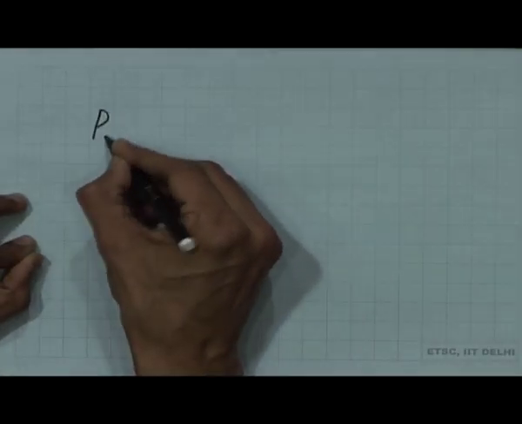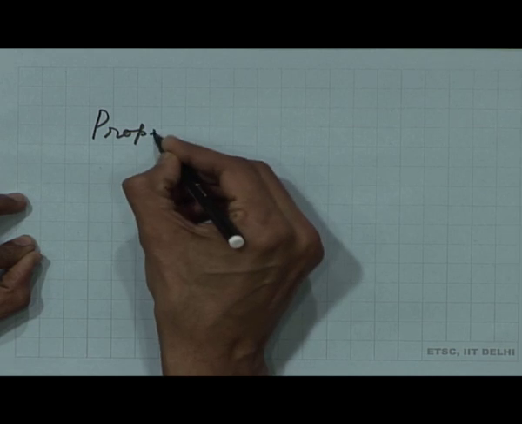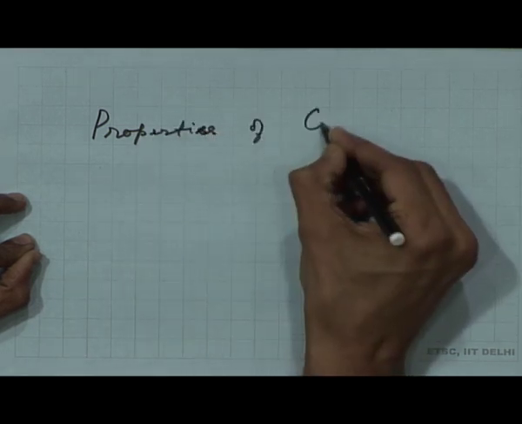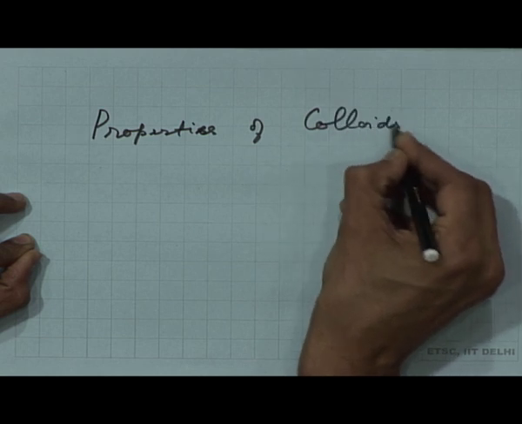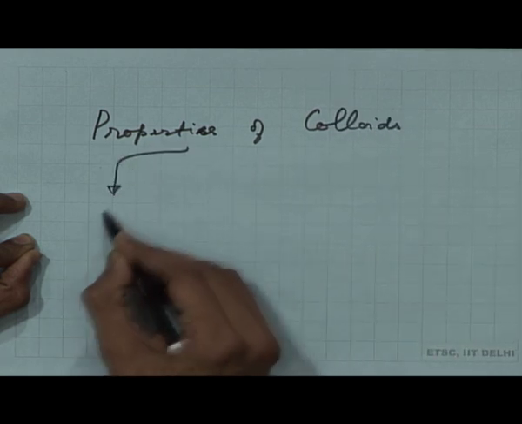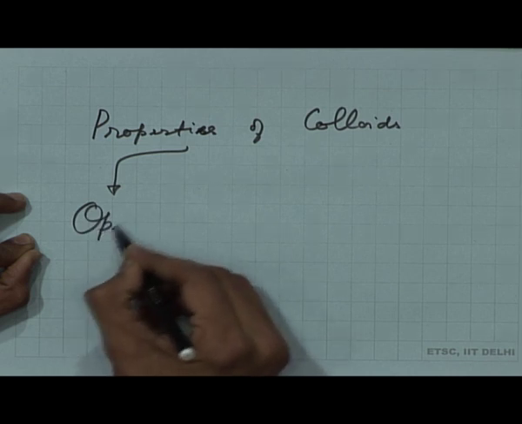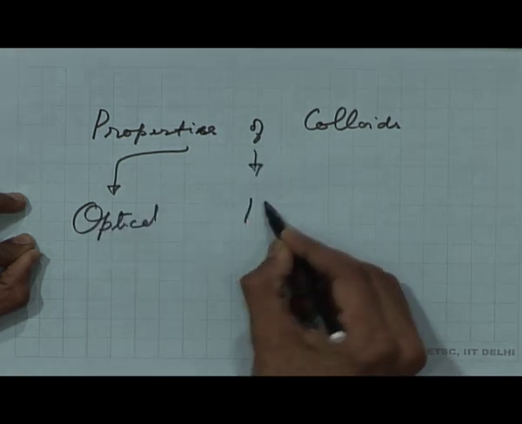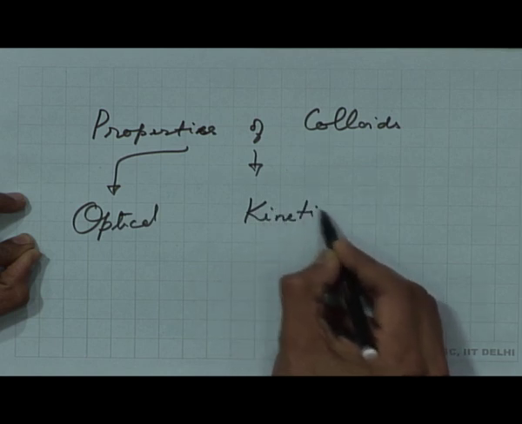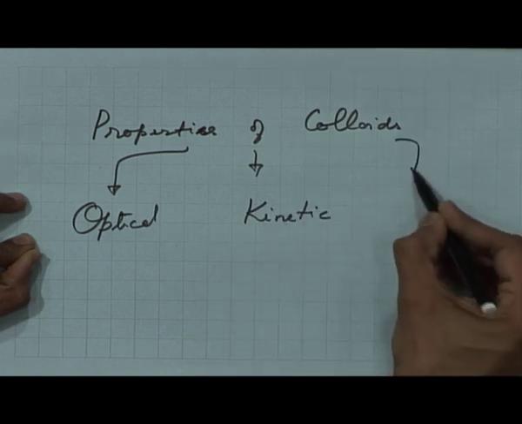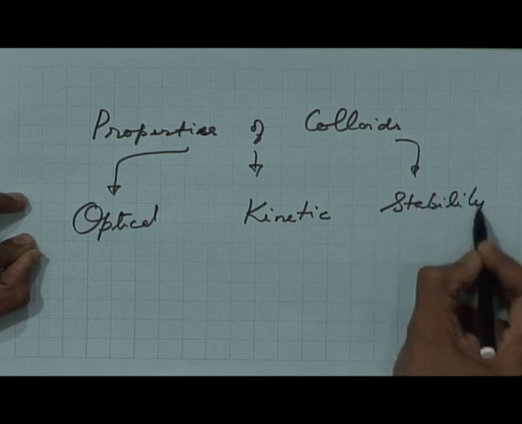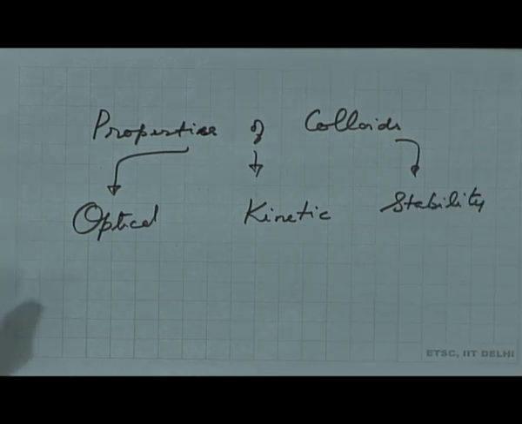So, the things that we will look at can be classified into three types. One is the optical property, the other is the kinetic property, and then its stability. These are three things that we will look at.